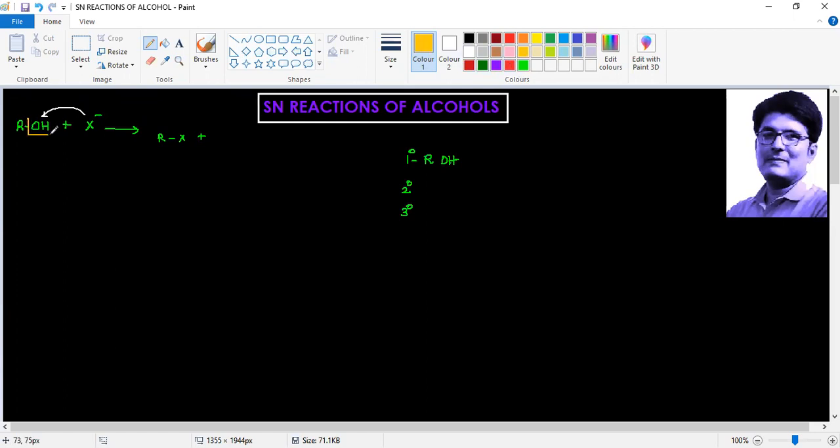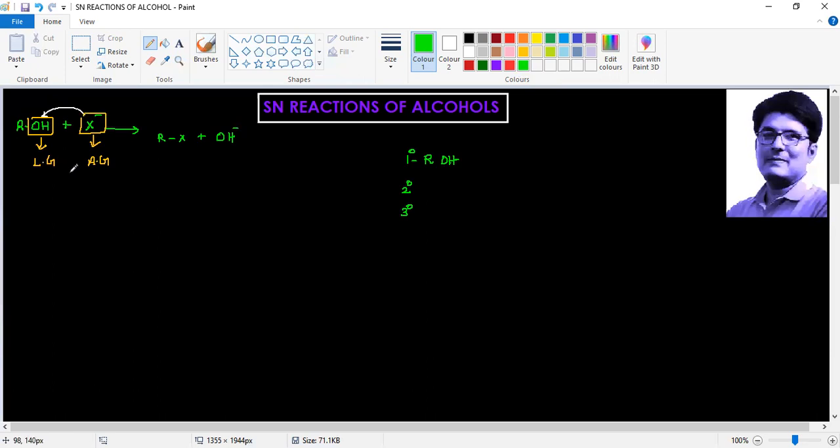Here OH minus should behave as the leaving group, whereas X minus should behave as the attacking group. Then OH minus leaves out.